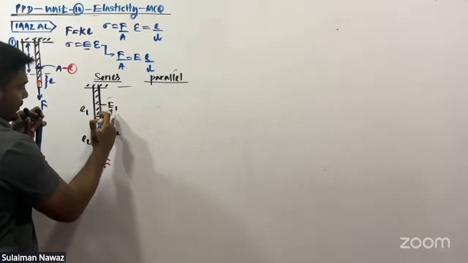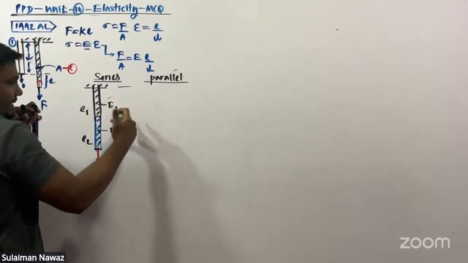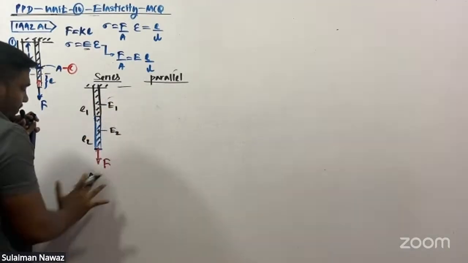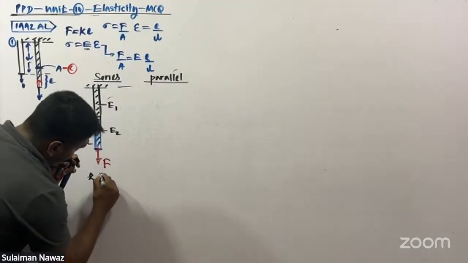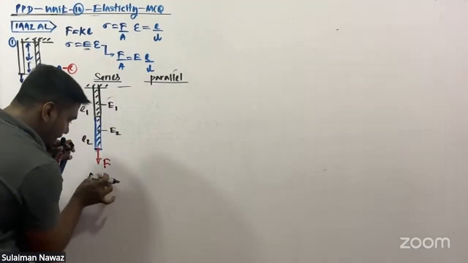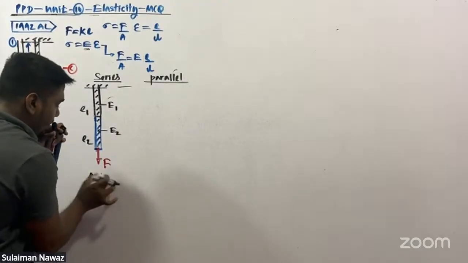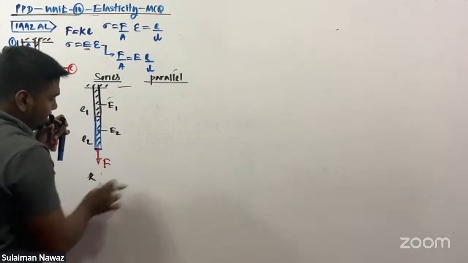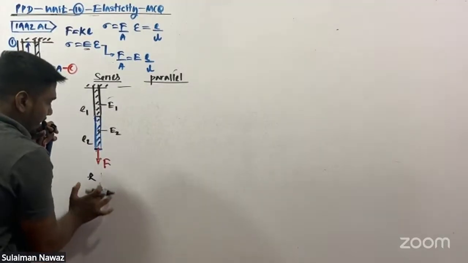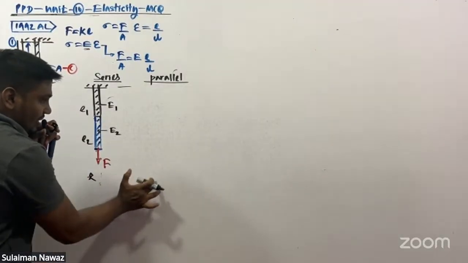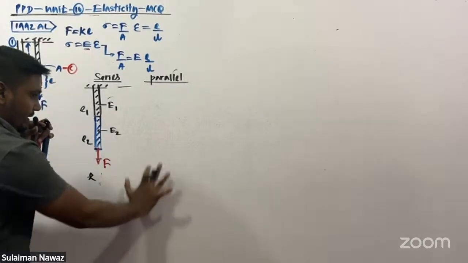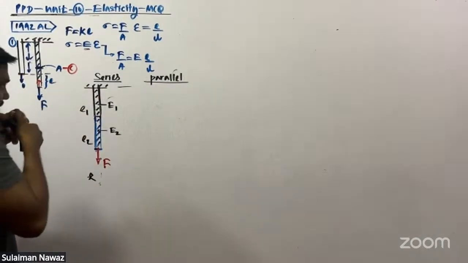I didn't draw the diagram after they extended, but remember: the external force applied on each rod in series is the same, but their corresponding extensions are different. Keep that story in your mind.